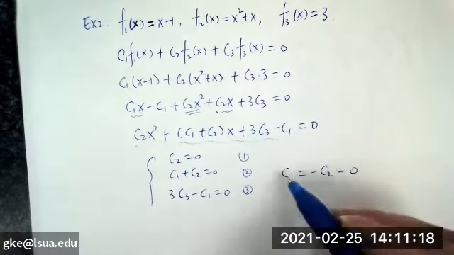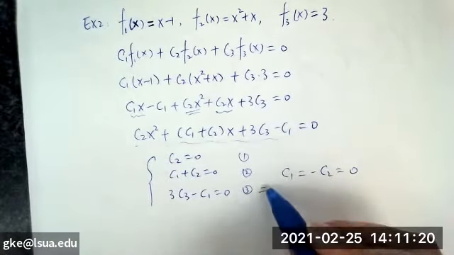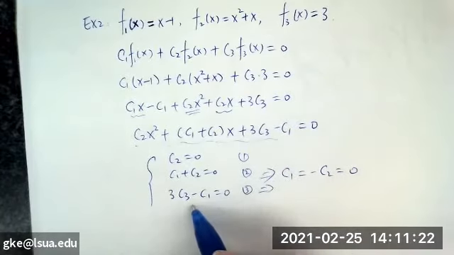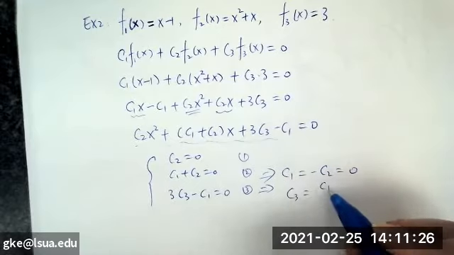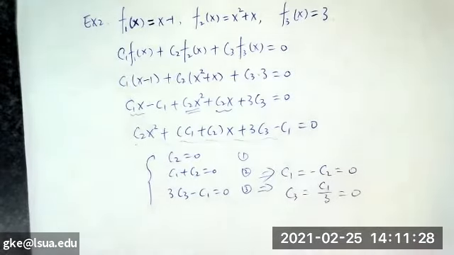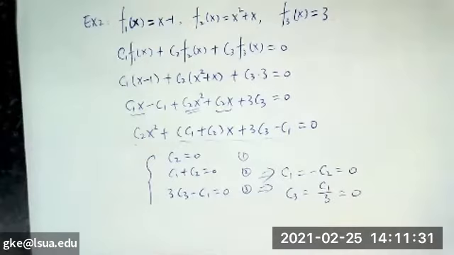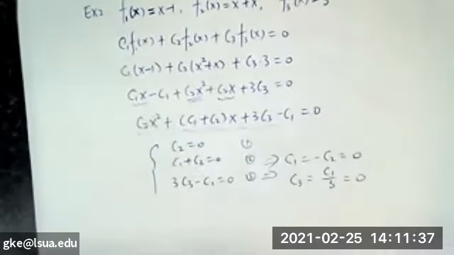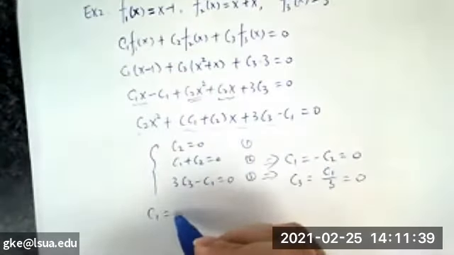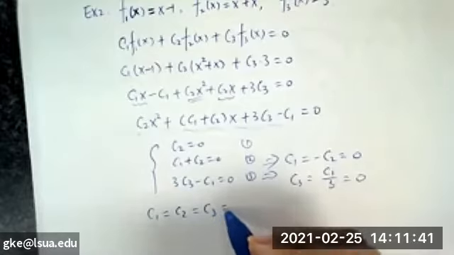And since C1 equals 0, from equation 3, C3 equals 0 too. So we can tell C1 equals C2 equals C3 equals 0.